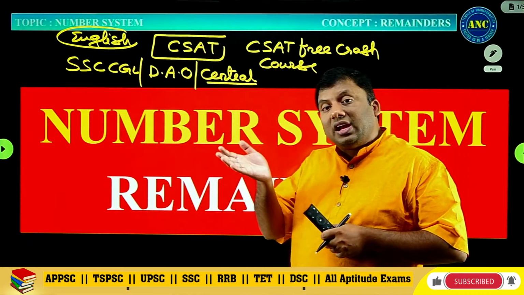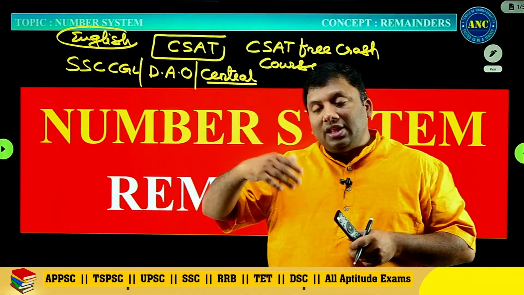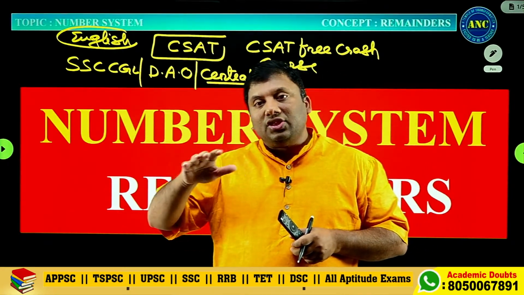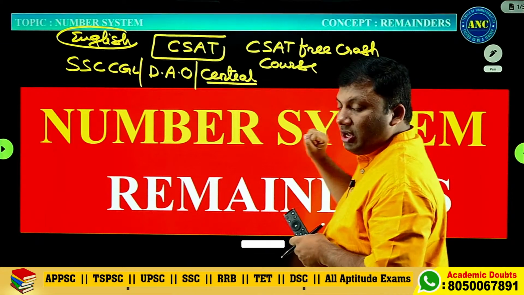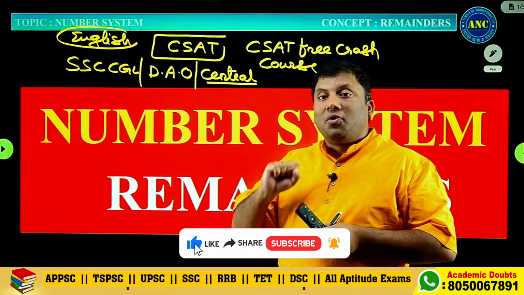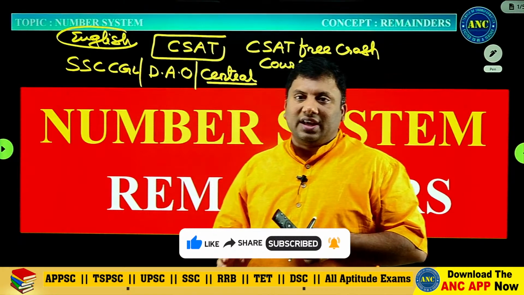After this I will take another topic in number system. Similarly I will get into another topic in arithmetic. Like that, it is going to be a free CSAT crash course, especially for the students who are going to write civil services, but also useful for all the other examinations.